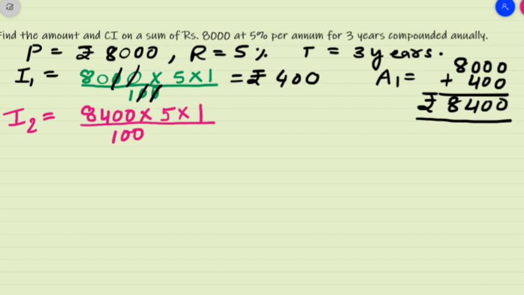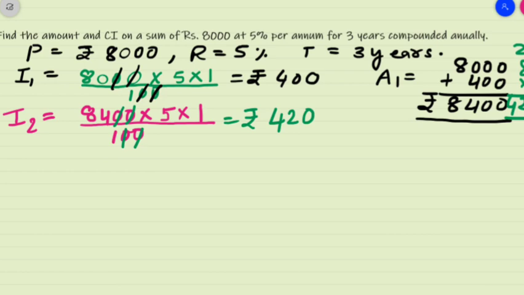Cancel the zeros, you are left with 84 into 5. I don't want to take any risk, let us multiply and get it down. 84 multiplied by 5, so your answer is 420.